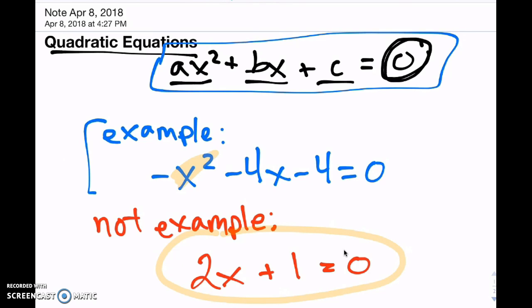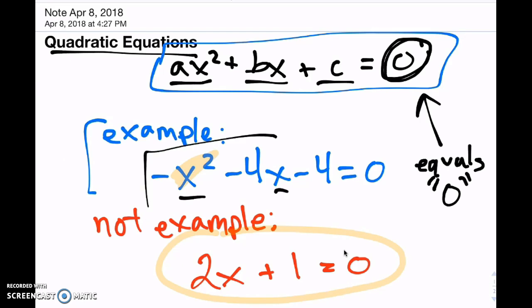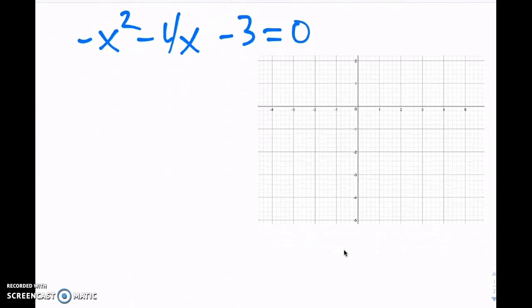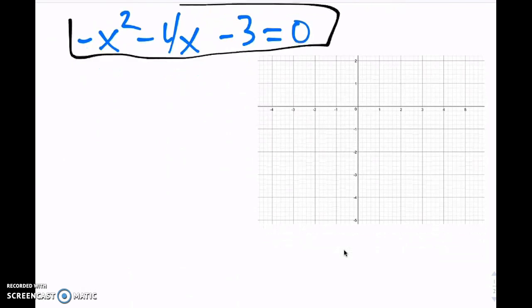Now, to solve a quadratic equation, notice that this quadratic equation equals 0, right? So we need to figure out what value of x gets this whole equation to equal 0. Now, this is a lot to think about, so we're going to take this to something that we're familiar with. We're going to shift this to a graph. As you can see here, this is a quadratic equation, because it does have that x squared in it.